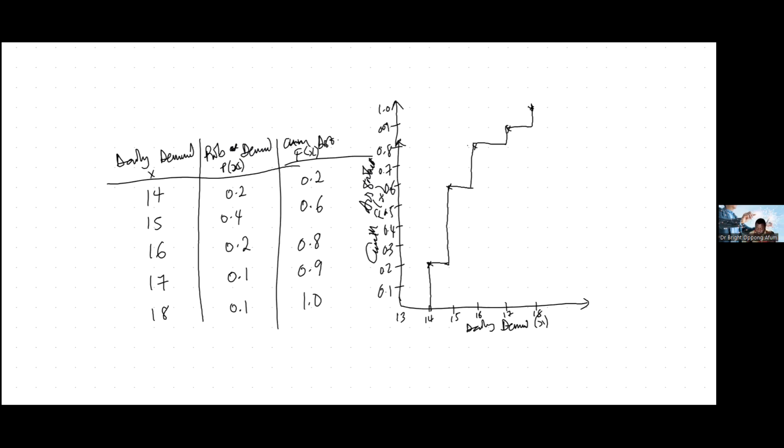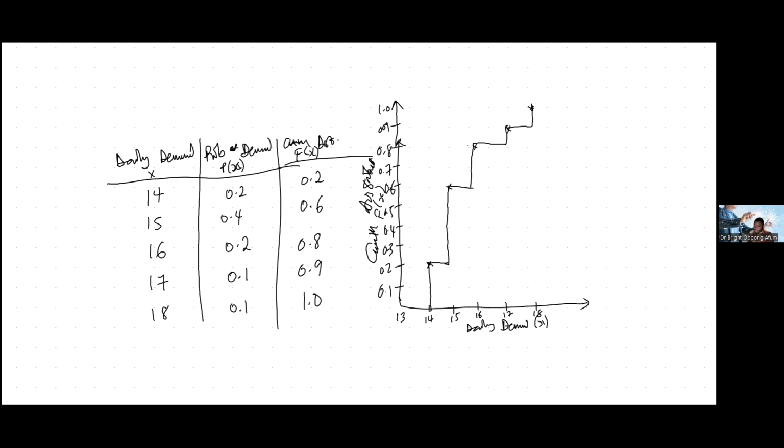So in future, when we have developed this cumulative distribution function for this x, for this demand, then we'll be able to determine which range a typical random number falls, right?